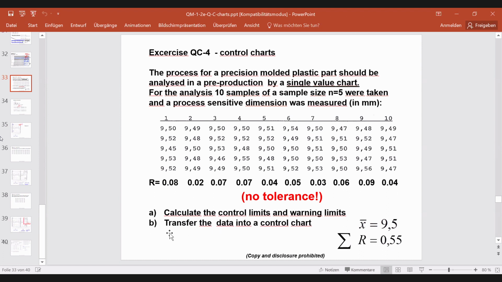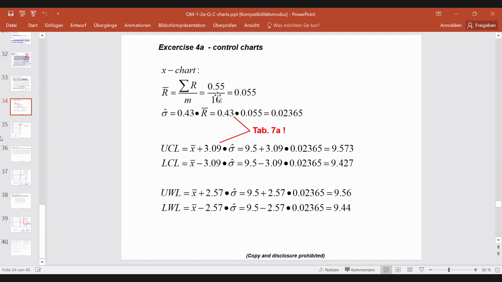And the job is to calculate the control limits and the warning limits, and then transfer the data into a control chart. At first, the mean value here is 9.5, and if you add up all the ranges, the sum of all these ranges is 0.55. What can you do with this? You can divide 0.55 by 10.